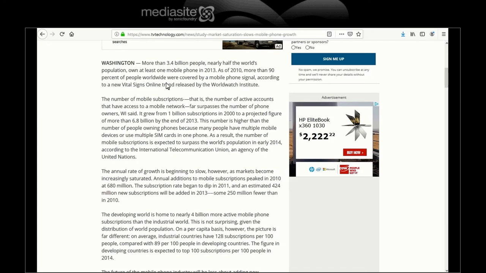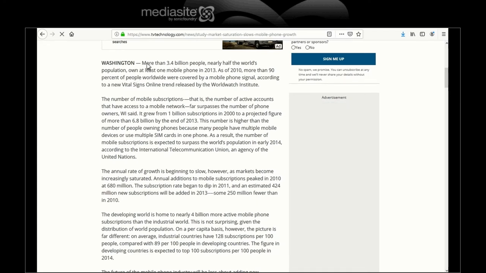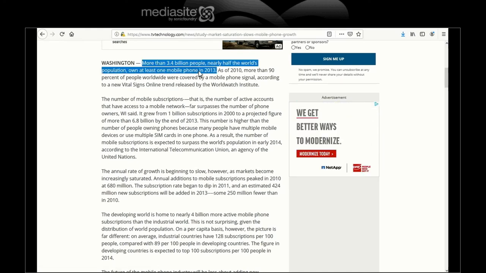How many billion? Looks like 2.4 billion here. Now let's see, the projection of 6.8 billion by end of 2013.